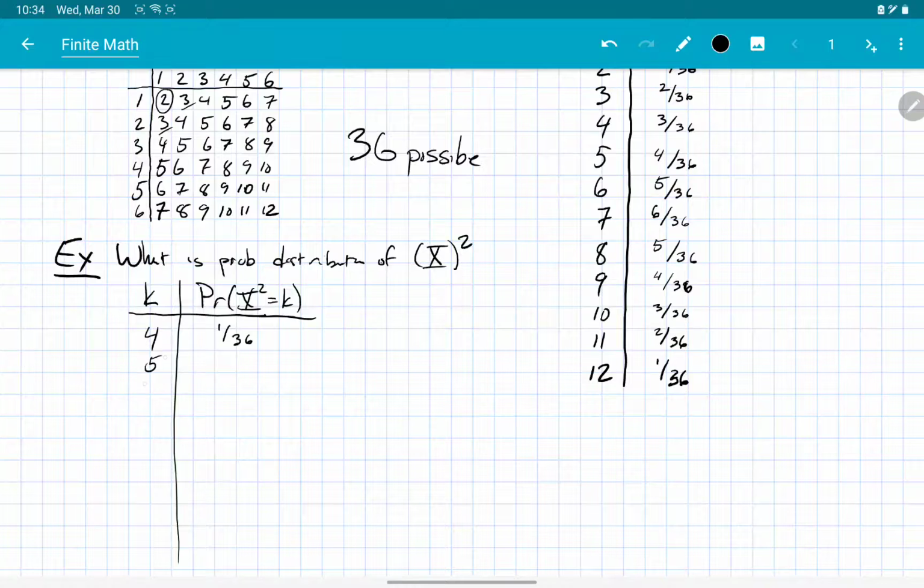But we can't get the number 5, 6, 7, or 8. So this random variable can't be equal to 5, 6, 7, or 8. So that would be 0. But of course it can be equal to 9, and it is equal to 9 with probability 2 over 36, because that's what happens when we get a 3 for the roll.